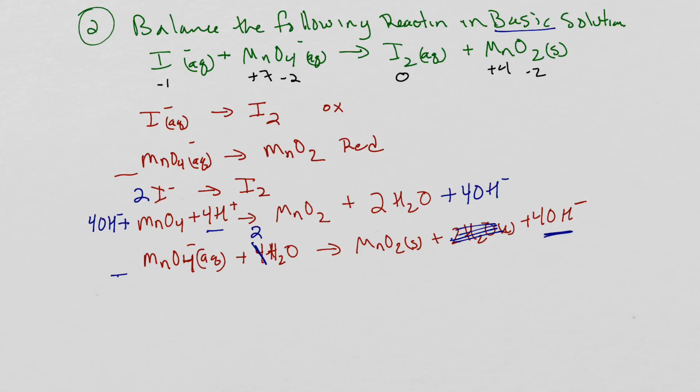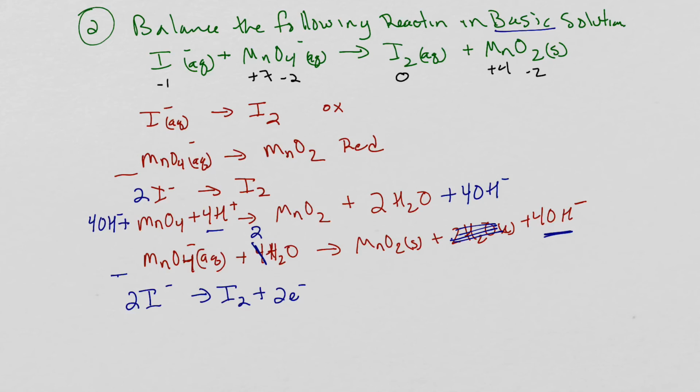So we're simply going to rewrite this as 2I- goes to I2 plus 2 electrons to give us our electronic balance. And then I'm going to go ahead and write it like this, so we can compare them.